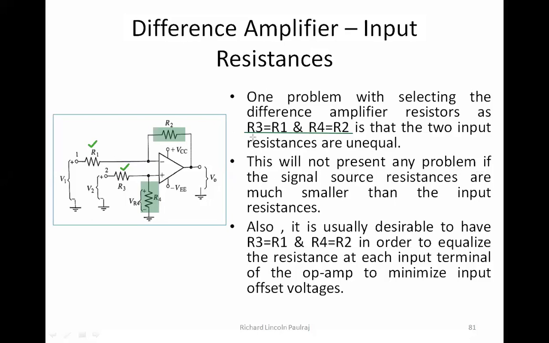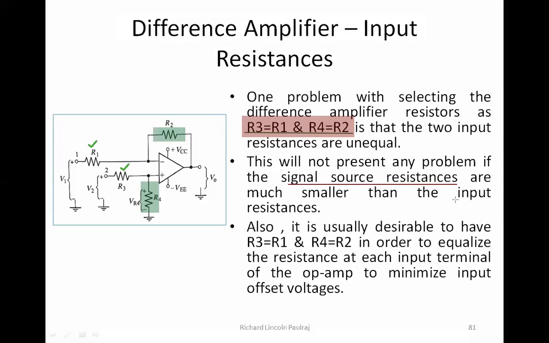What is not going to present any problem if I'm having this combination of R3, R1, R4, R2? It's not going to have any impact if and only if, there's a condition here, we are looking at the signal source resistance being very small. We used to have this RS, right?